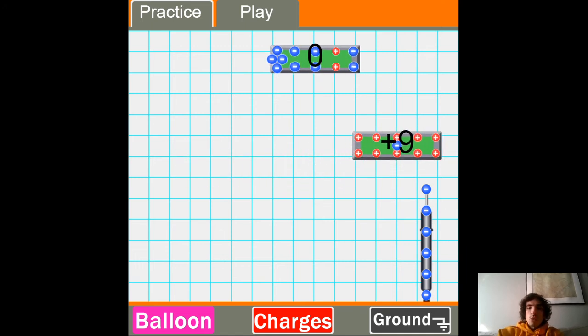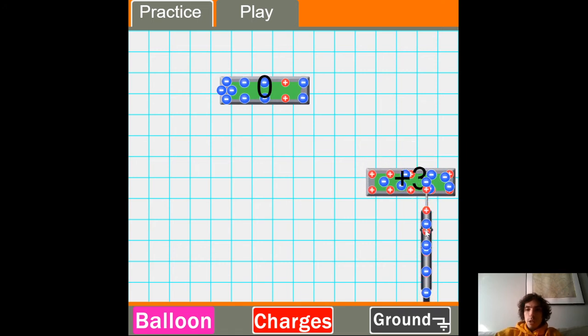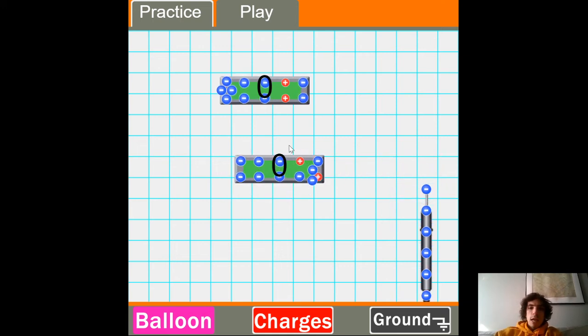And think about how that will contrast to when we ground this positive object. We have +9. And let's think about how our neutralization and grounding will occur differently here. Now you can see the electrons flowing into this metal rod, so that we now have the same number of electrons and protons, making this neutral now.